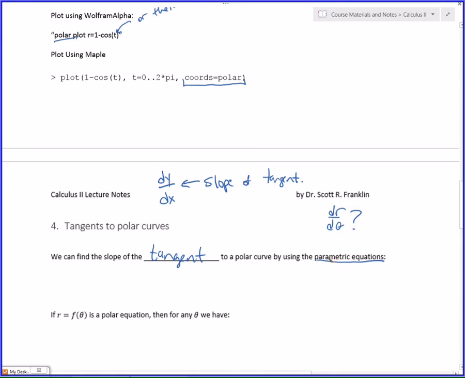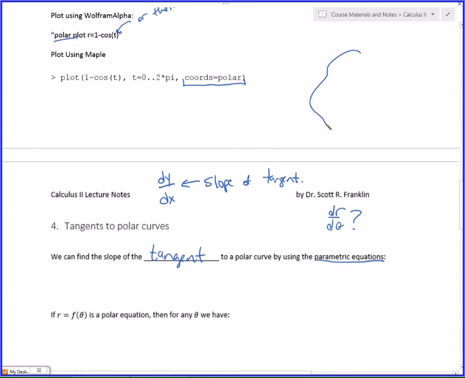Actually, what we're going to do is think of our conversion formulas as parametric equations. Remember when we did parametric equations where x was a function of t and y was a function of t, the derivative, that is the slope of the tangent of y with respect to x.